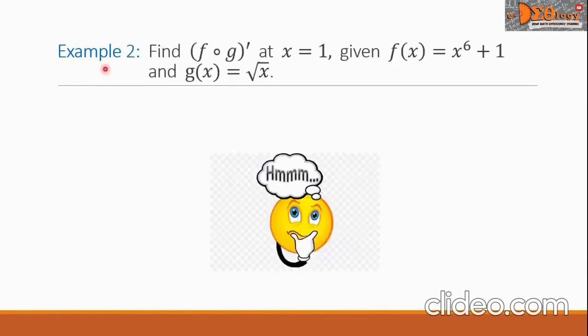Let us see this example 2. Find f composite g prime at x equals 1, given f of x equals x raised to 6 plus 1 and g of x equals square root of x.